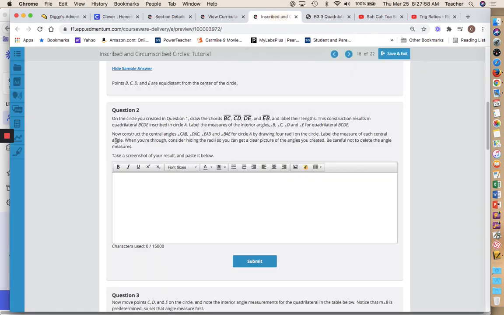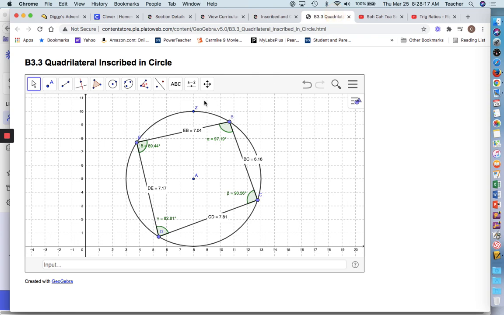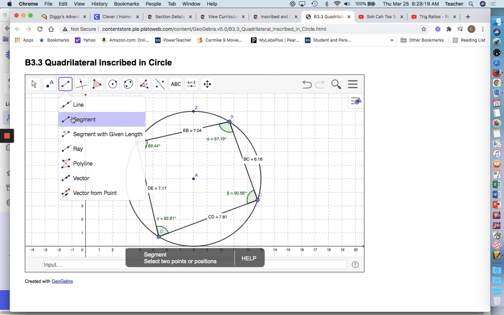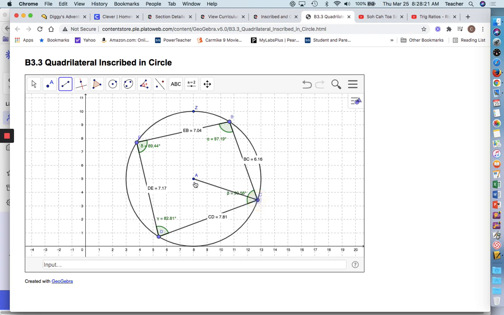All right, so now construct the central angle CAB. I need to do these one at a time by drawing the 4 radii. Consider hiding the radii so you can see the angle measure clearly. Take a screenshot. So now construct the central angle CAB. So I need another segment from C to A and A to B. There's one central angle.